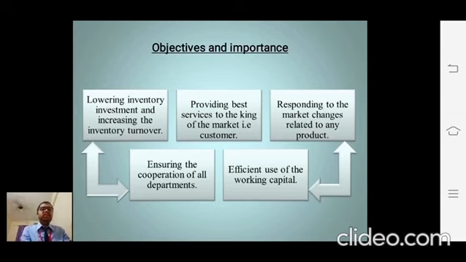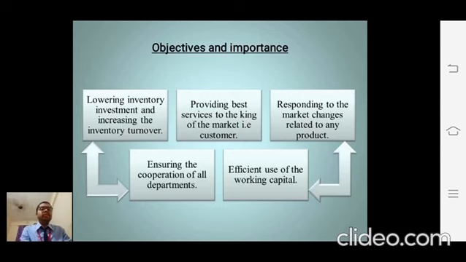Ensuring the coordination and cooperation of all departments. During the manufacturing of each product, different types of departments are involved. If you are going to develop a product, some software and hardware are used, so programmers, engineers, electrical engineers, and electronics engineers are there.